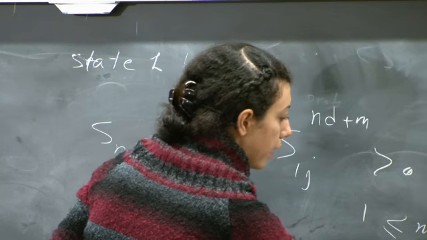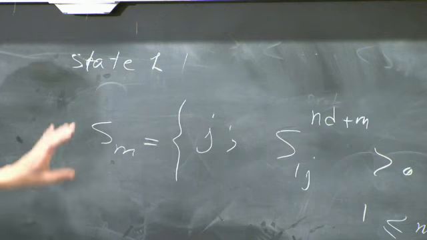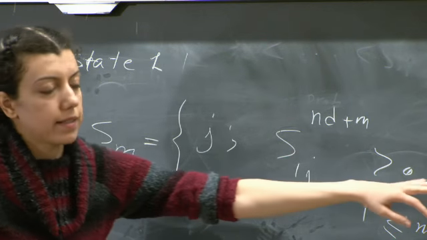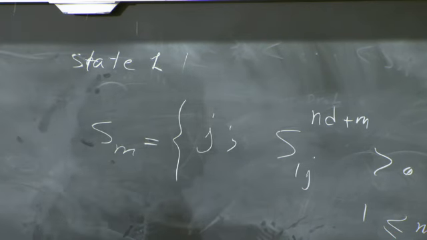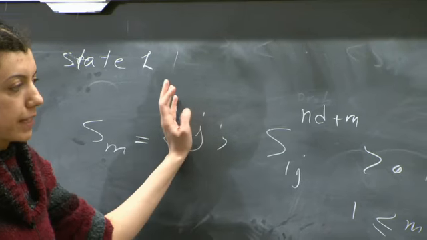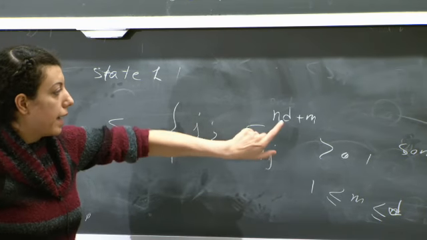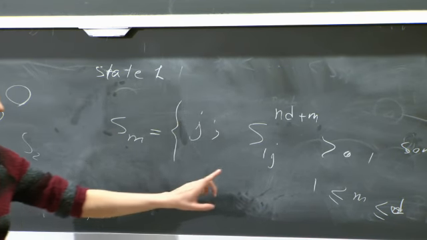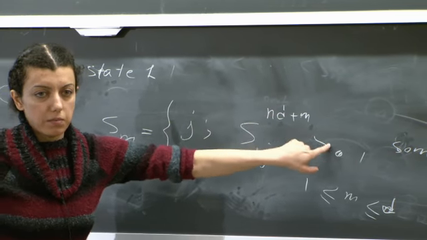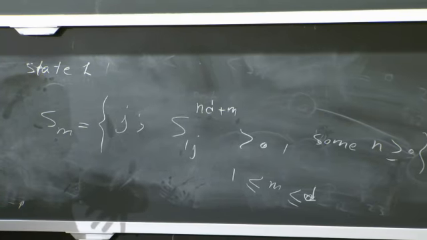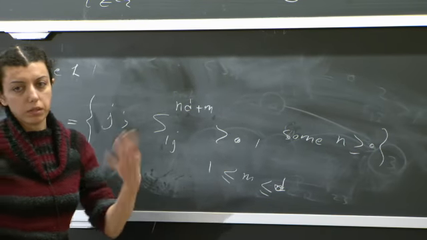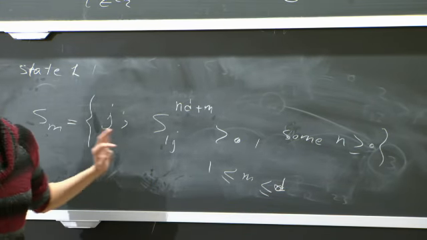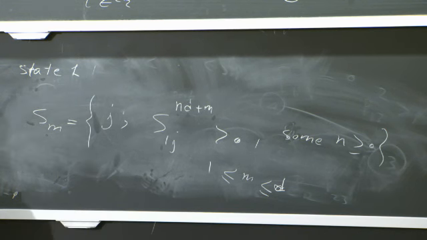I told you that I will have D classes, and I can define each class like this. So this is all the possible states that I can be in at step nD plus m. Starting from state 1, in nD plus m steps, I can be in that set of states for some n. So m can be big, but anyway, I call this subclass number m.